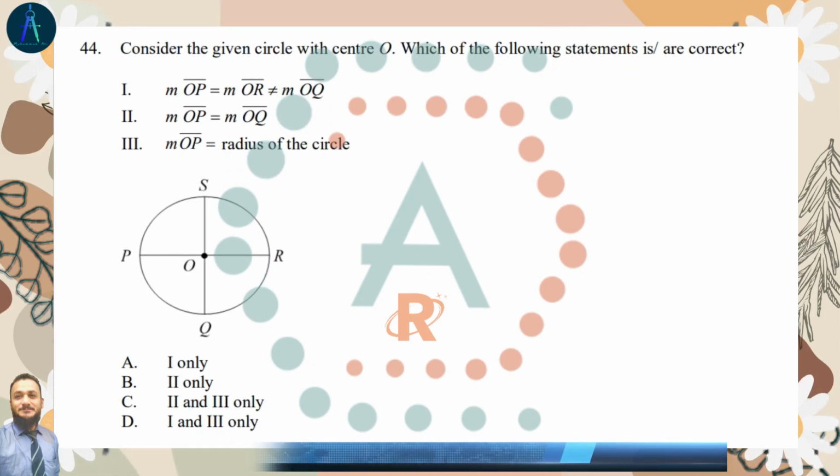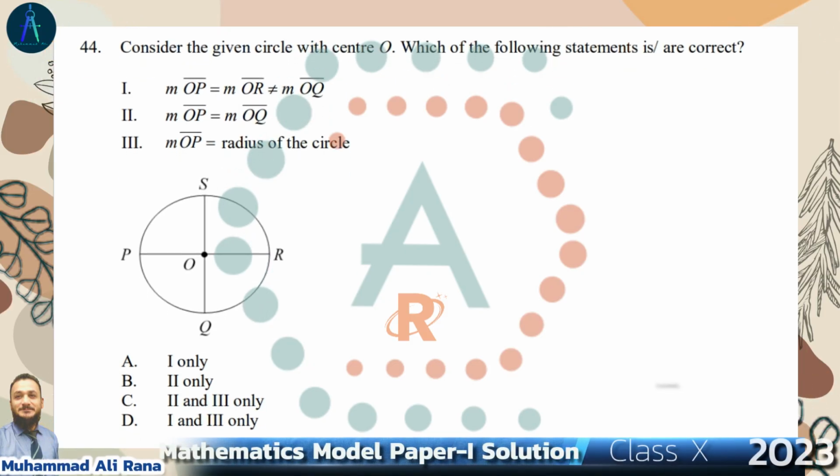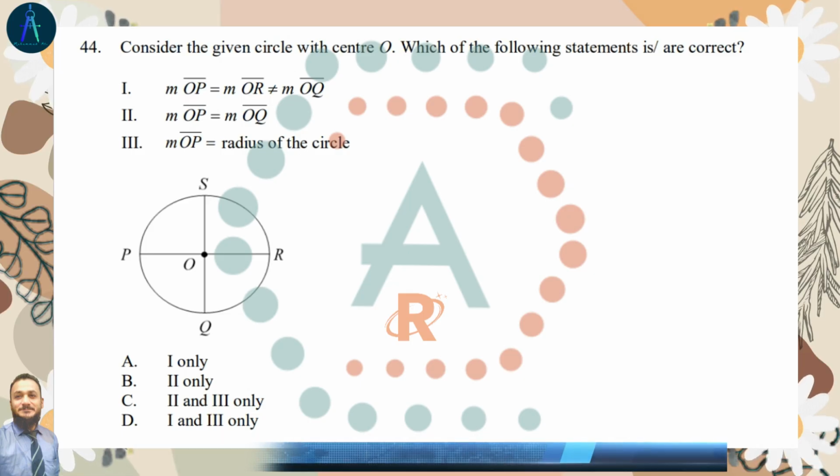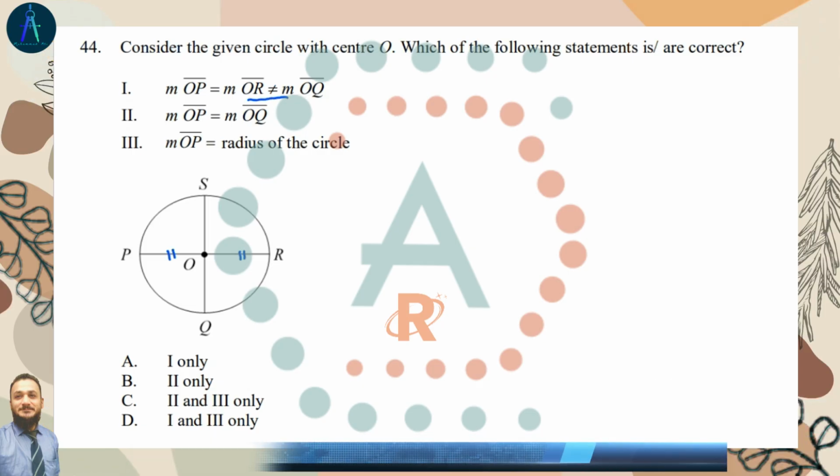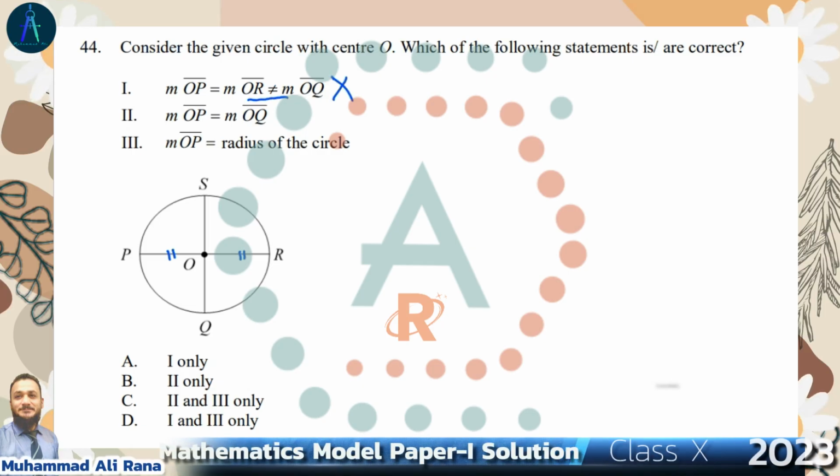Next, we have a circle with center O. Which of the following statements are correct? Here we have two diameters. OP equals OR. These two are radii, obviously they will be equal. And OQ is also a radius. So here it says they are not equal, so the statement is wrong.